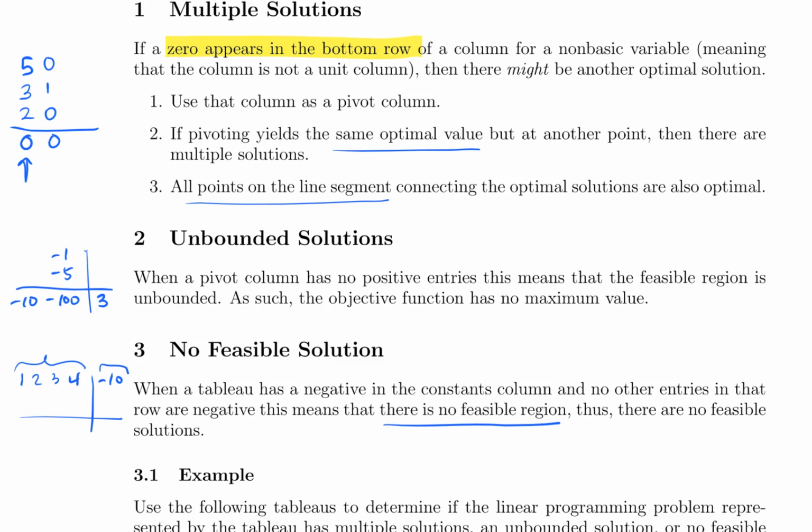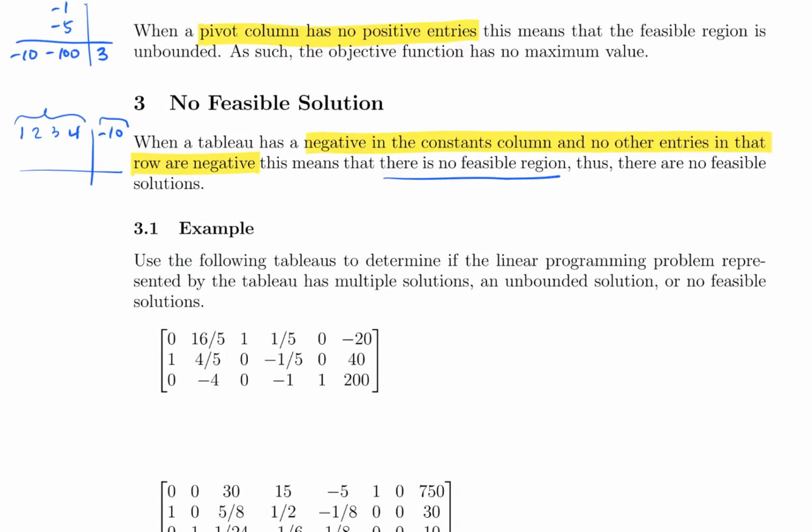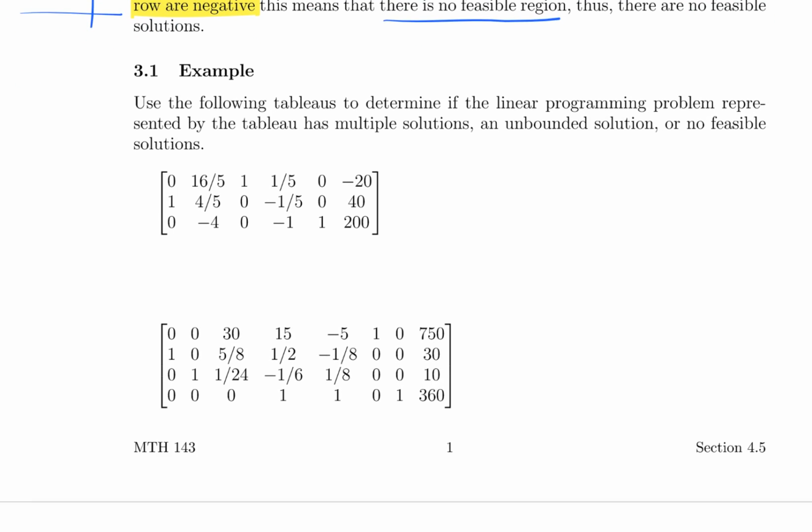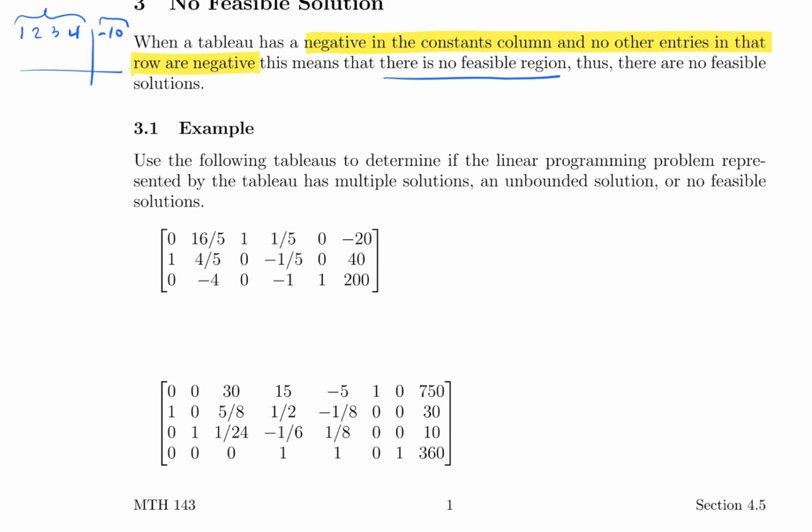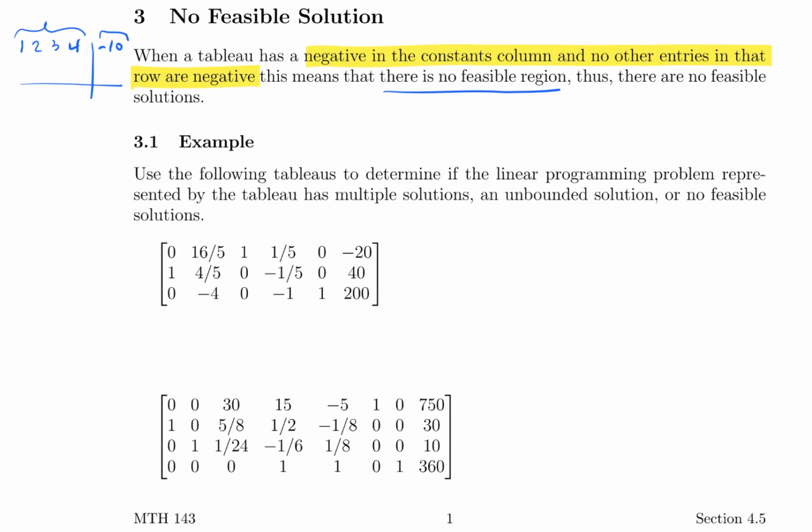We're looking for a pivot column that has no positive entries, or a negative in the constants column and no other entries in that row are negative. So sort of 3 things we want to keep in mind.